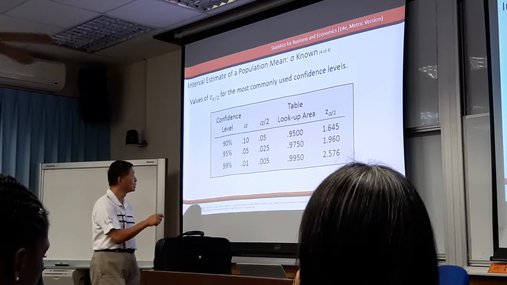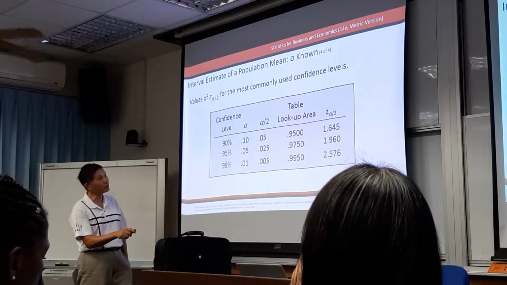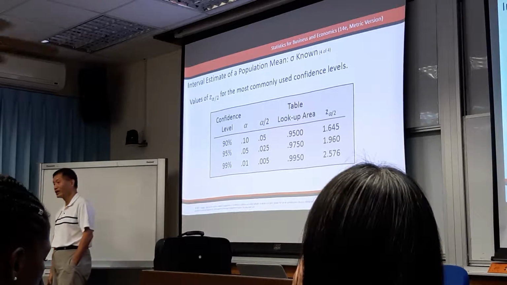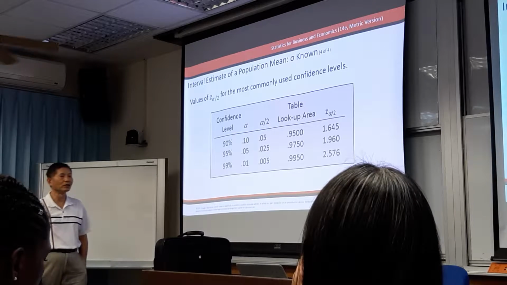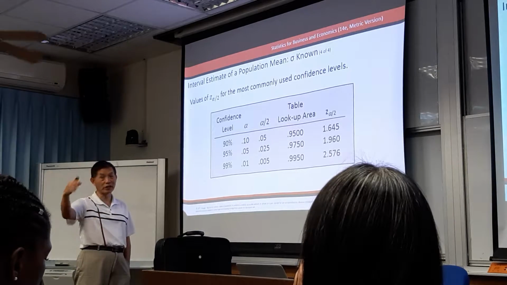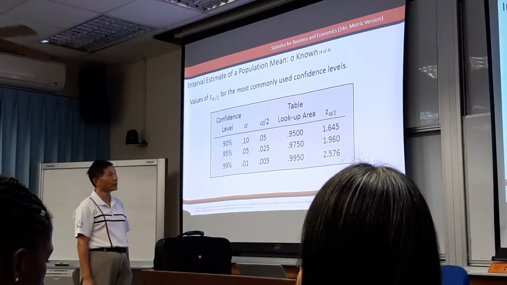How do you know when alpha is 5%, the z value is equal to 1.96? Do you know how to get it? Okay, great. So here is the standardized normal distribution.